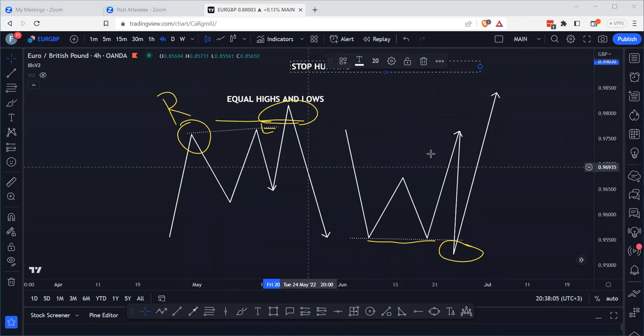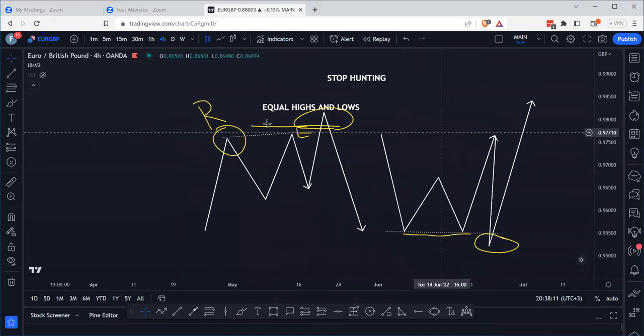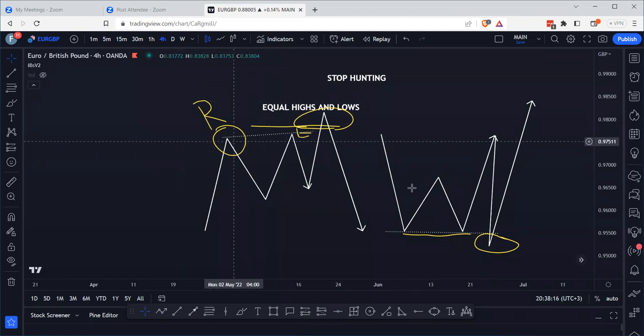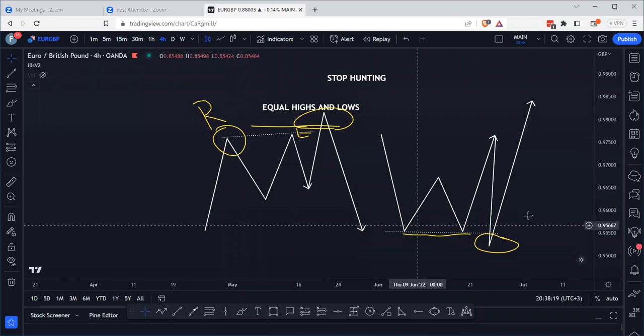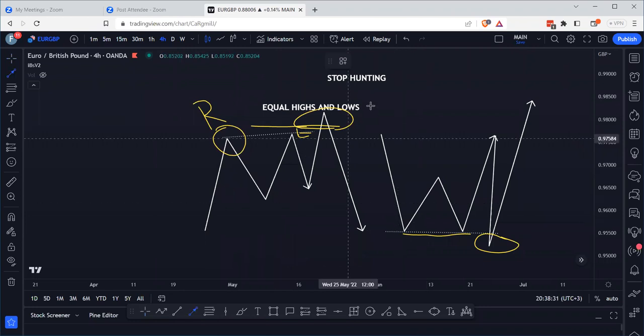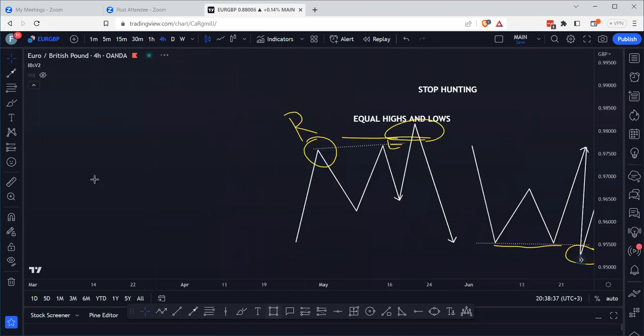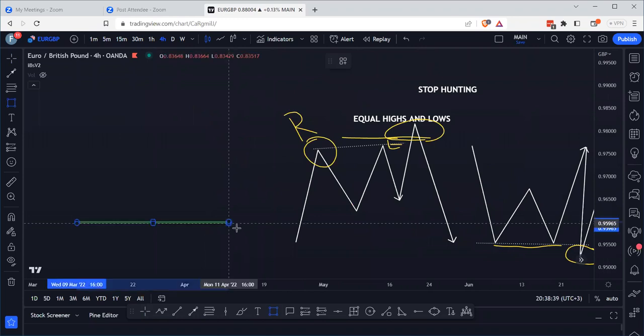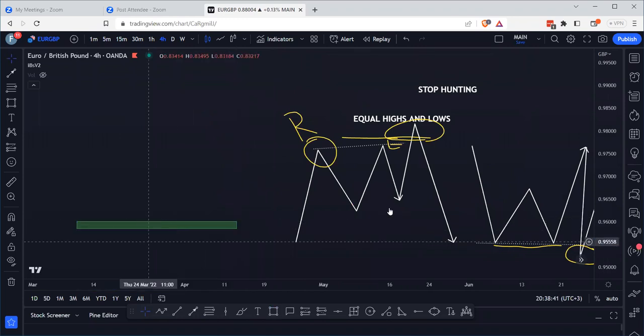Now, another way to spot liquidity in the market. I must reiterate that equal highs and equal lows, a lot of times you see this happen in a support and resistance. So always in a support and resistance zone, there would always be some form of liquidity grab. When you spot a support zone, a lot of people know that this is a support.